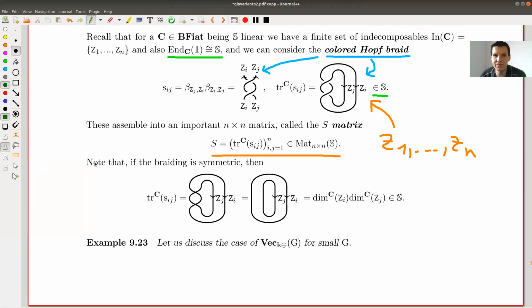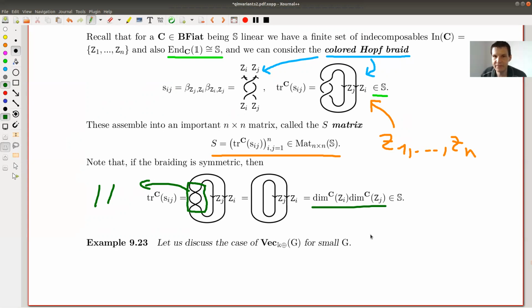As an example, if the braiding is symmetric, then you can undo the thing here, it just straightens out. You get the product of the dimensions. For example, for a symmetric category, the entry of the S matrix is the product of the dimensions. And in general, the S matrix should measure how braided your category is, right?